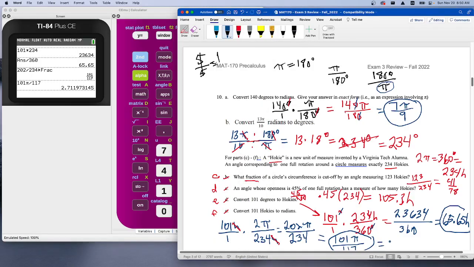They've got their final answer in decimal form, 2.712, rounded to 3 decimal places, whatever they need, right? That's question number 10.